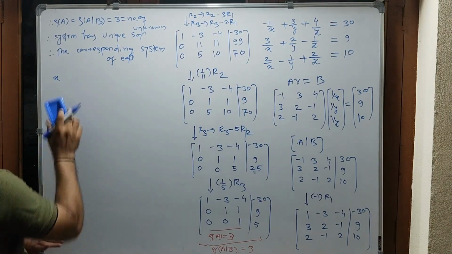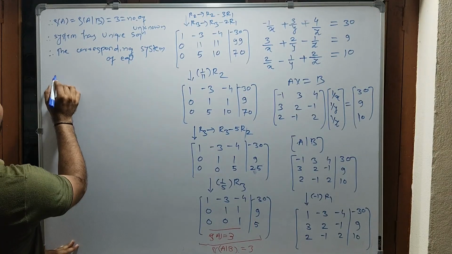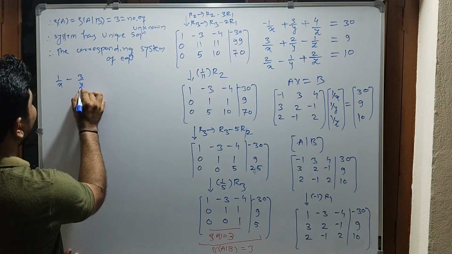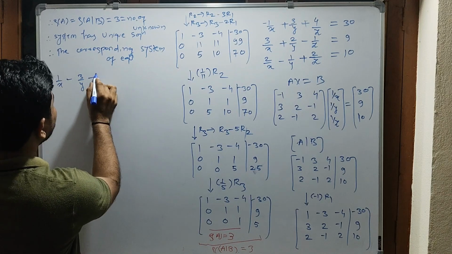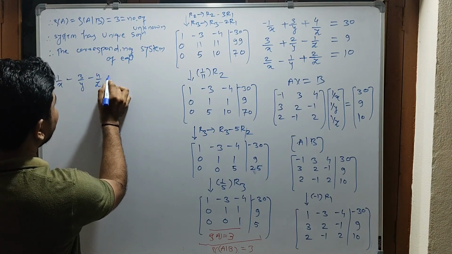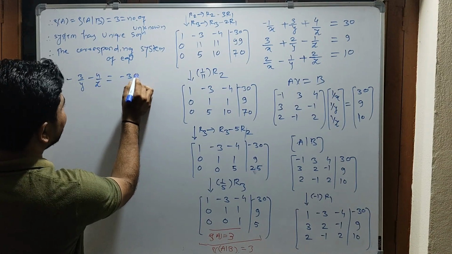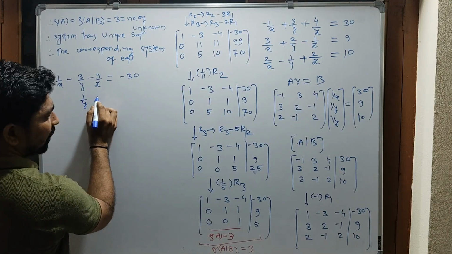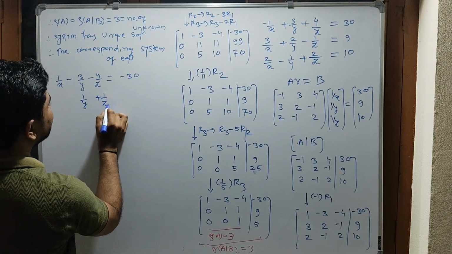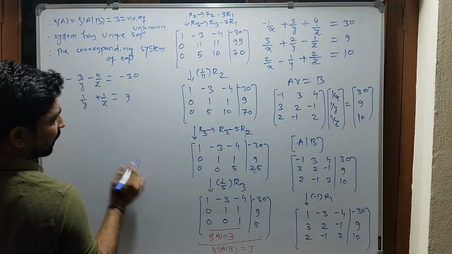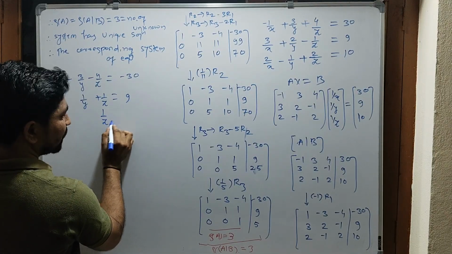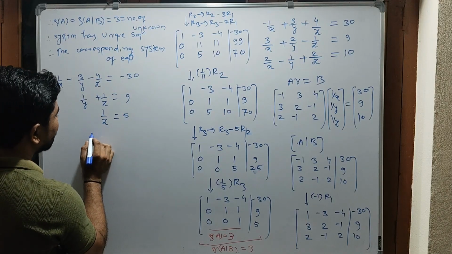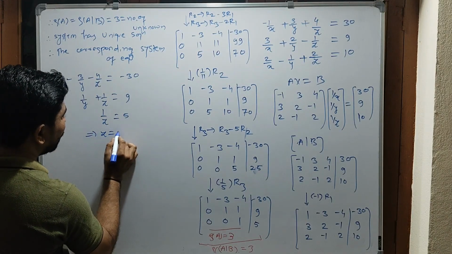Here I am writing 1 by x minus 3 by y minus 4 by z equal to minus 30. Now 1 by y plus 1 by z equal to 9, and 1 by z equal to 5. From this I get z equal to 1 by 5.